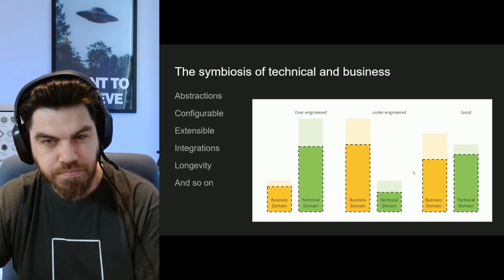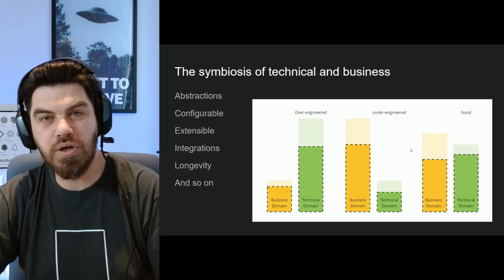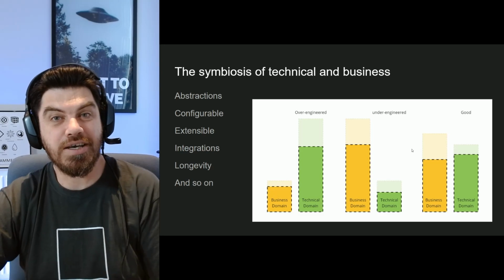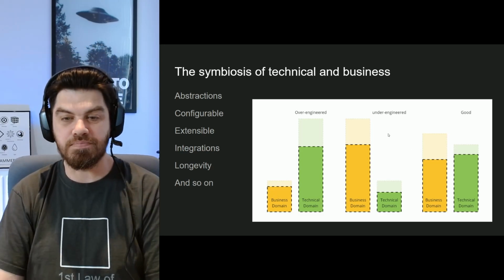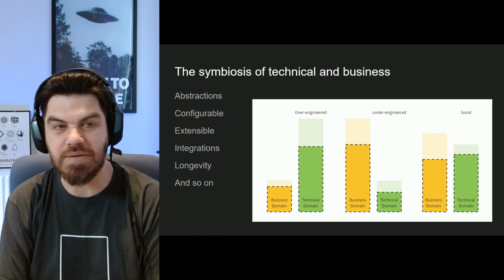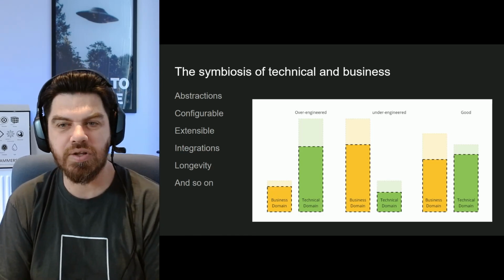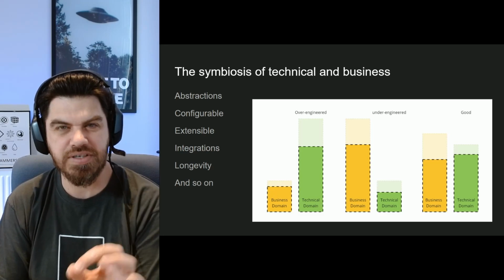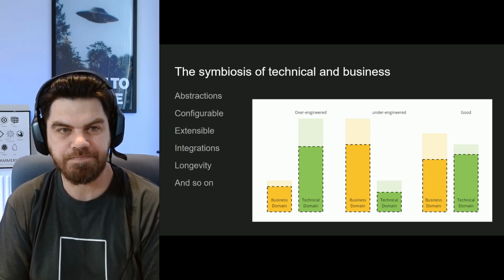However, is big design up front the only bad element of over-engineering? Probably not. We also get a business angle to overdoing something. But let's have a look at the technical and business domains for a second in terms of understanding what over-engineering might be.